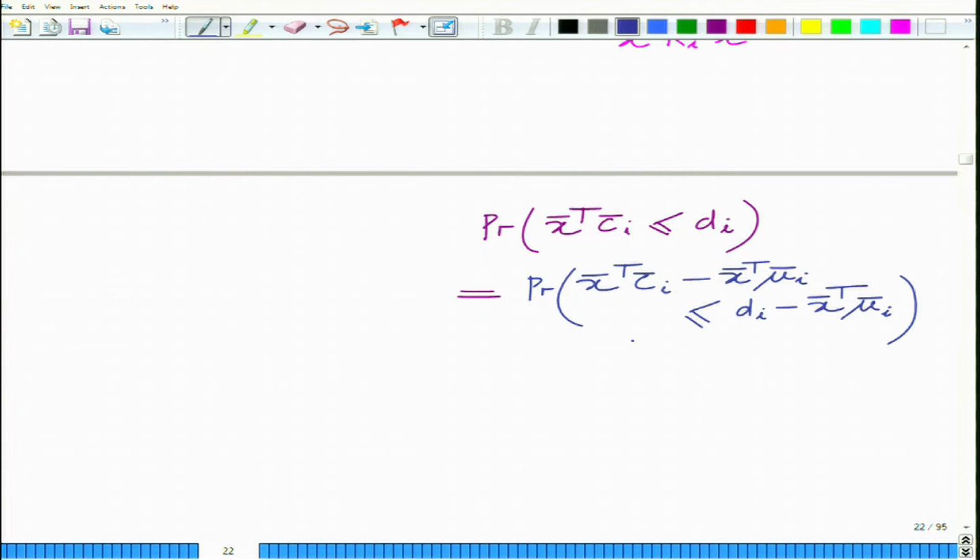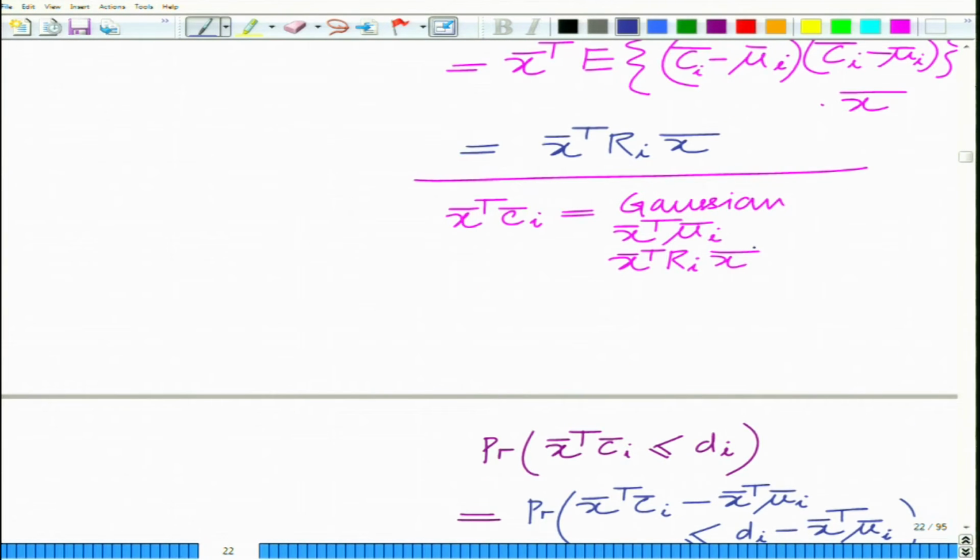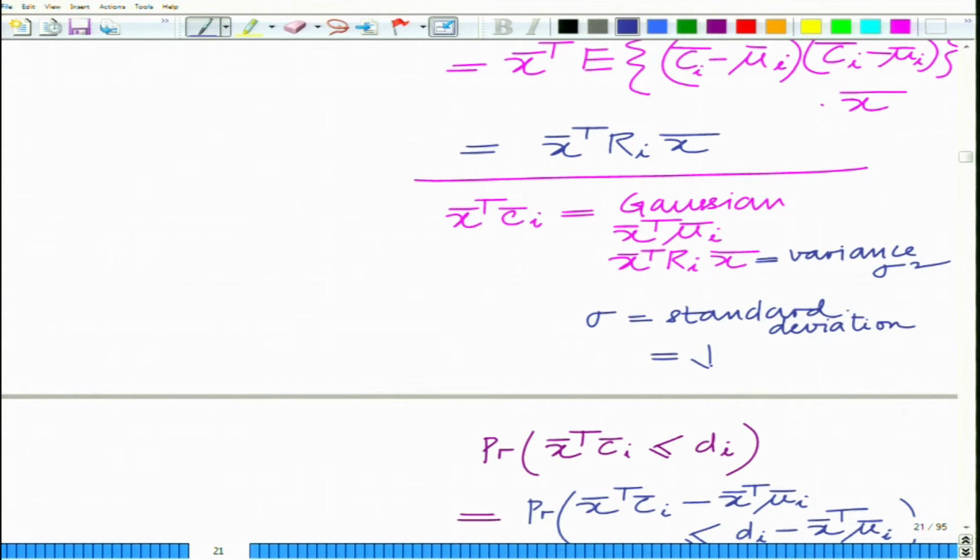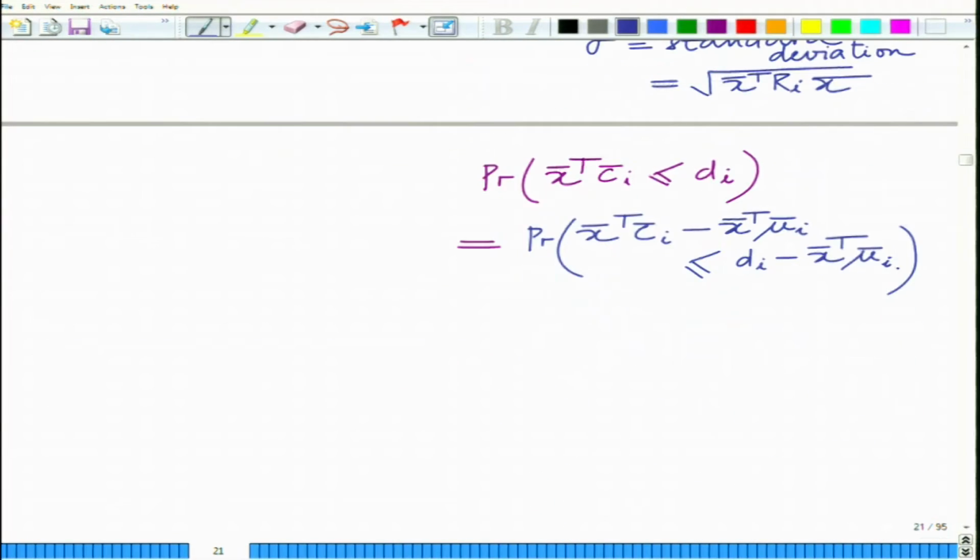Now, I am going to divide by the standard deviation, the square root of the variance. So, sigma equals the standard deviation, which equals the square root of x bar transpose Ri into x bar. And so, divide both sides by the standard deviation.